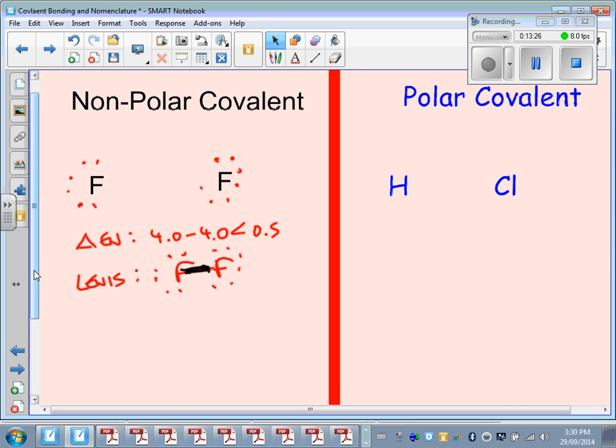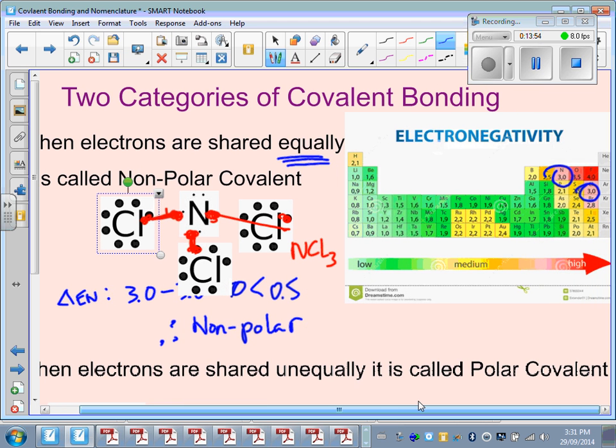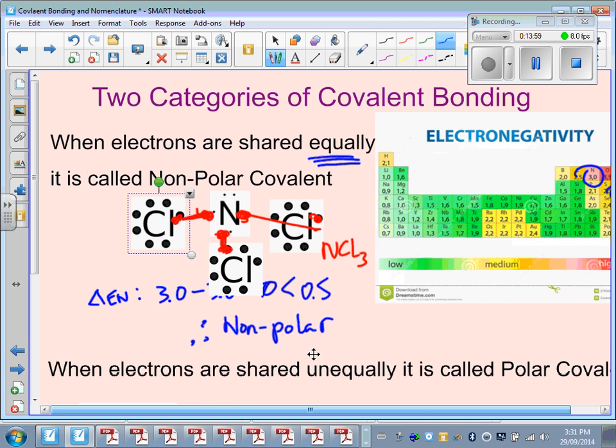Okay, it's a non-polar covalent, and what that means is the electron is shared evenly between the fluorines. Right, so it's shared nice and even. However, that's a non-polar. For a polar covalent, if we look at the EN difference between the 2 of these, and we go back and look at our EN table, we'll see that hydrogen has an EN of 2.1, and chlorine on the table has an EN of 3.0.